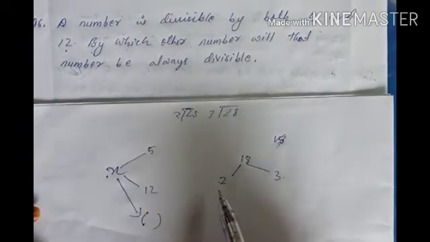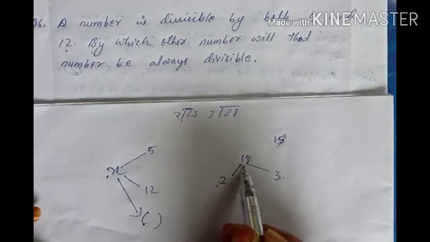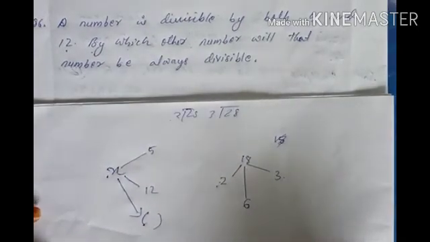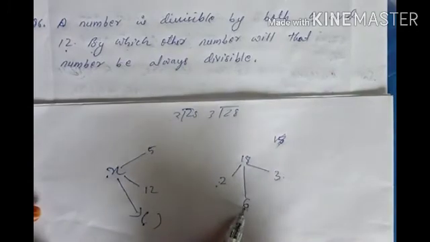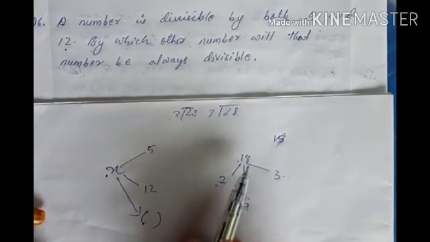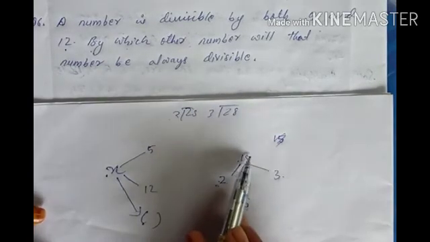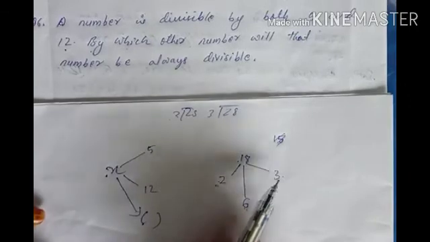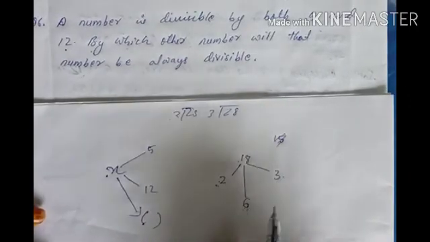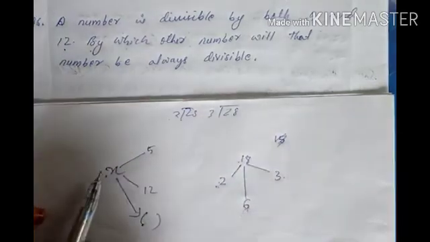If a number is divisible by 2 and 3, then this number is also divisible by 6, isn't it? Because the divisibility test of 6 is that we have to see whether the number is divisible by 2 and 3 or not. If it is divisible by 2 and 3, then that number is also divisible by 6. That means 2 into 3 is 6.